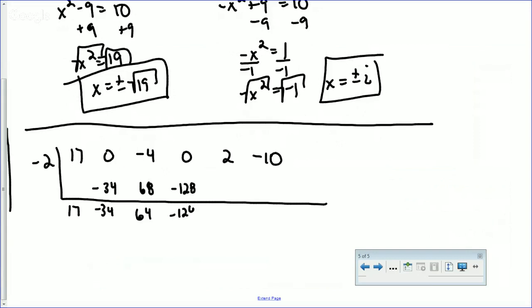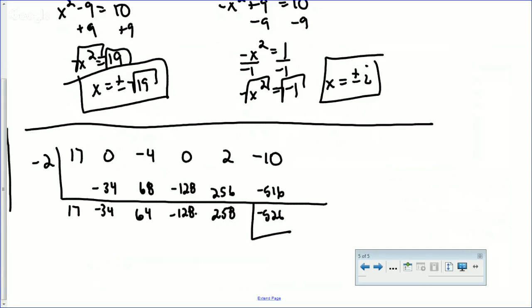Add. We'll multiply again to get 256. Add, you get 258. Multiply, you get negative 516. And add one more time, you get negative 526. This last number is your remainder.